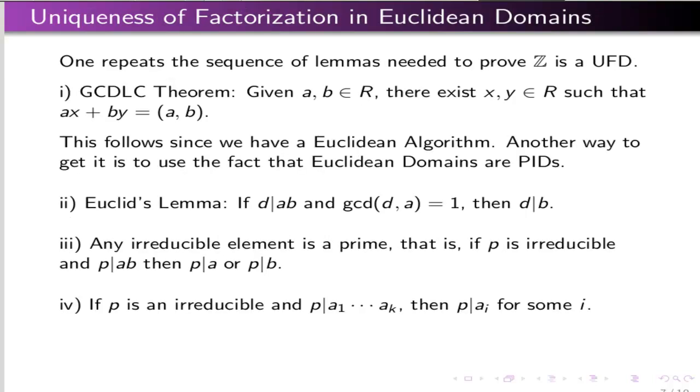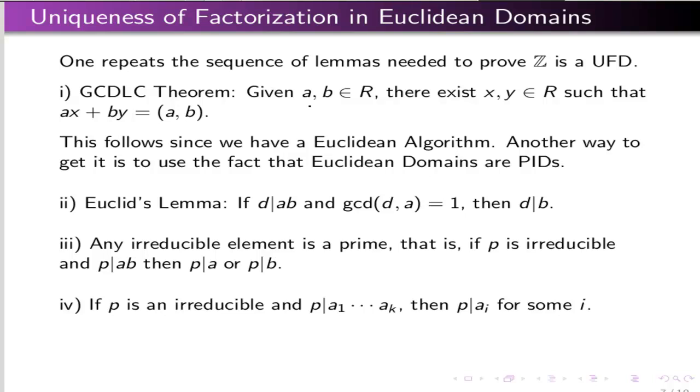Now, for the uniqueness part, again, we just repeat the sequence of lemmas we went through to prove that Z was a UFD. So how did we do that? We got started by proving a GCD-LC theorem. So you do the same thing for a Euclidean domain.